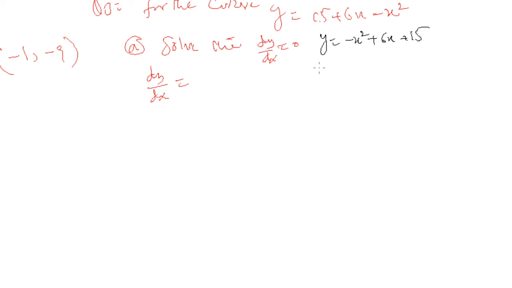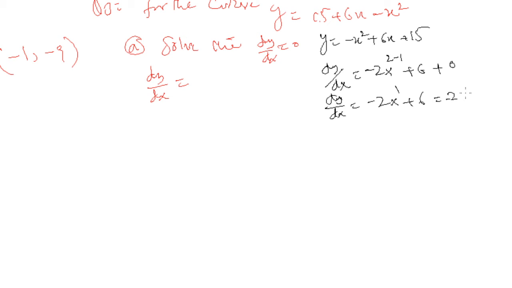Now how to get dy dx? Dy dx becomes minus 2x to the power 2 minus 1, because power will come to the coefficient and power will reduce by 1, plus 6 and plus 0. So dy dx becomes minus 2x plus 6. That's the derivative.